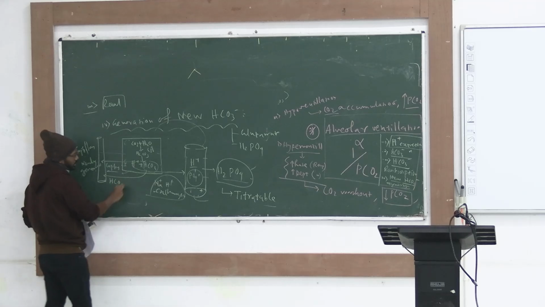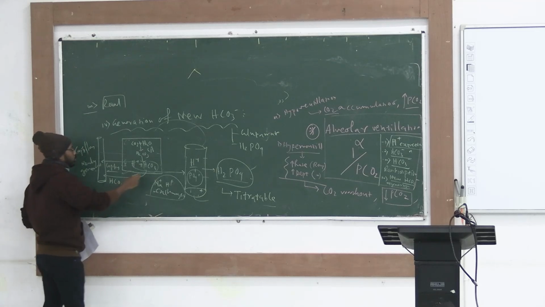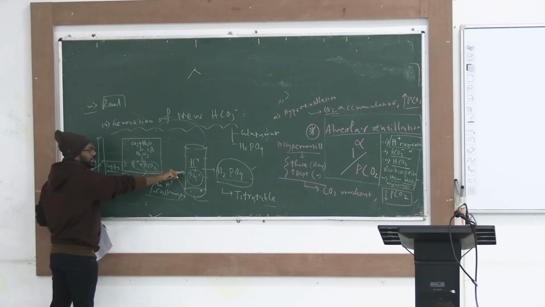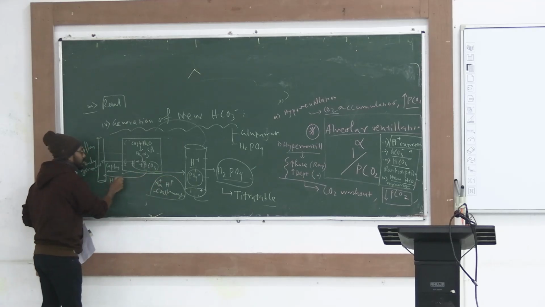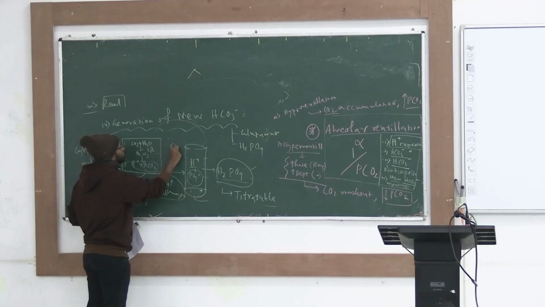So how this mechanism is related to newly generated bicarb, you need to know this. So you are thinking sir is talking about phosphate and all, where is the bicarb? Bicarb is here, okay, this hydrogen is going inside this area, bicarb is there. Now since the hydrogen is not negated by CO2 HCO3 here, what will happen?